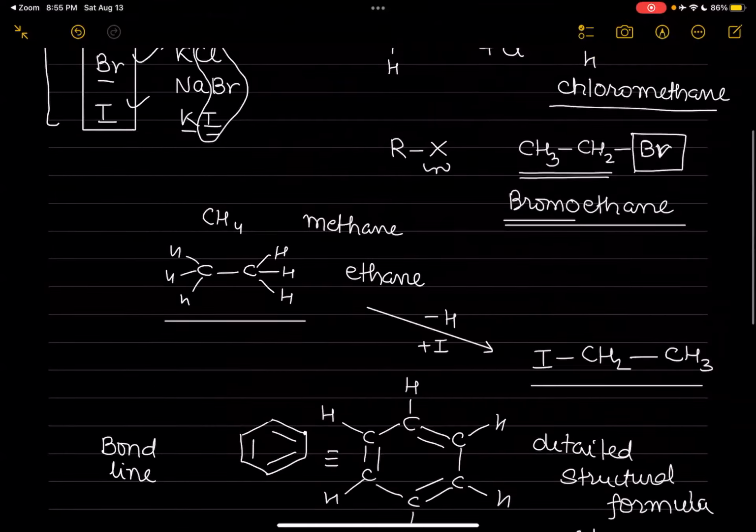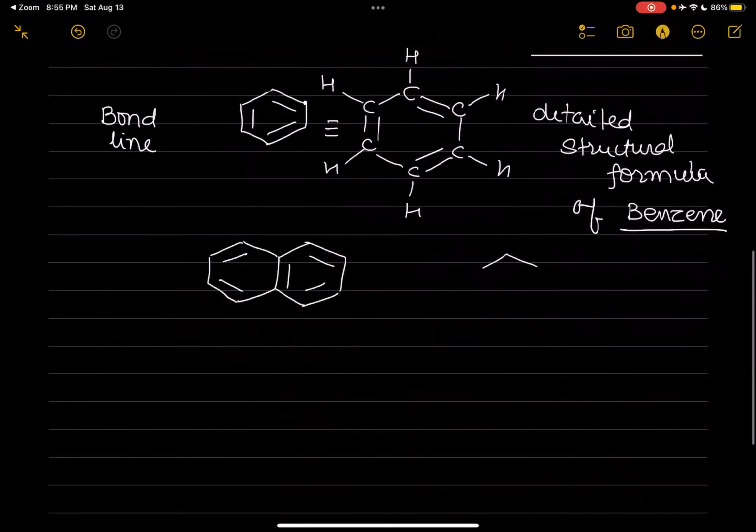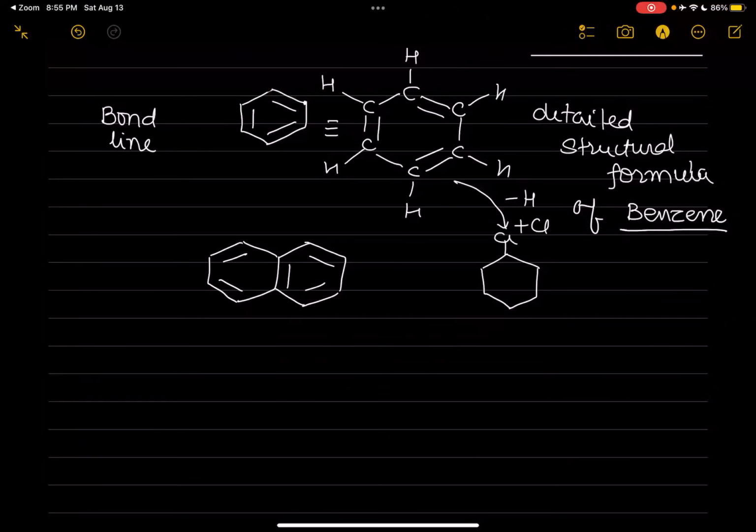Okay, is it clear? Yeah, for example, in benzene, if you remove hydrogen and if you put chlorine, that is what? This is chlorobenzene. Okay, clear? Yes. Okay, this is an aromatic compound.